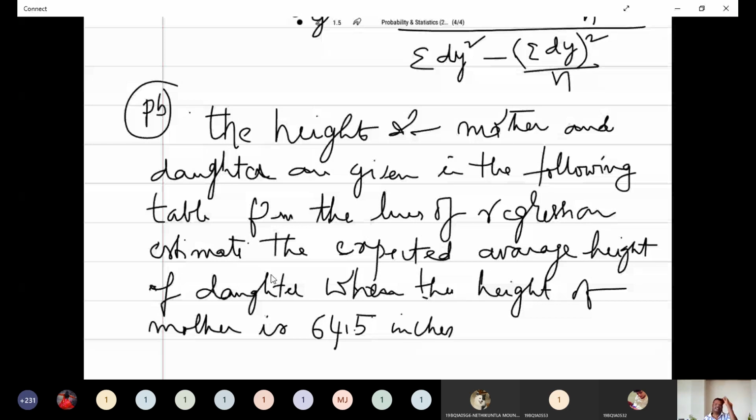When the height of mother is 64.5, we need to find out the average height of daughter. Okay, note down the data in the next page.